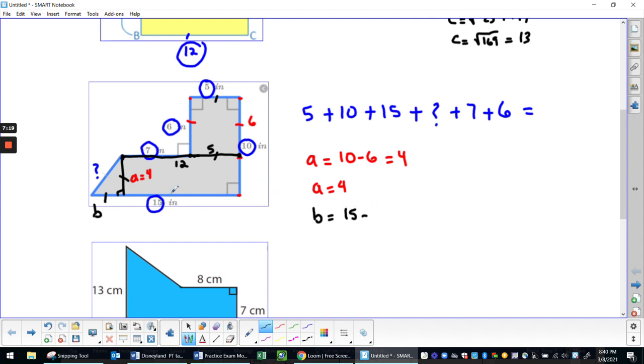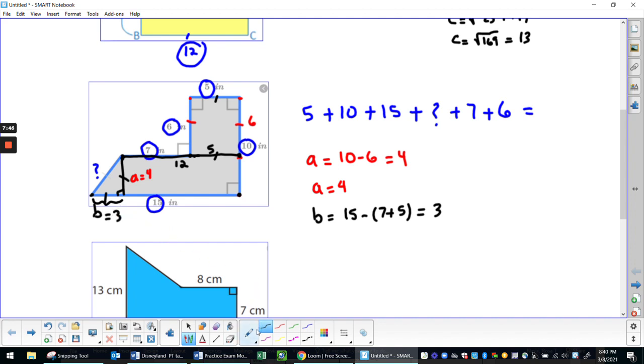And you're going to subtract 12 from this piece in order to get the B here. So 7 plus 5, which was 12, subtract it from 15, that's going to give you 3. So B is equal to 3.